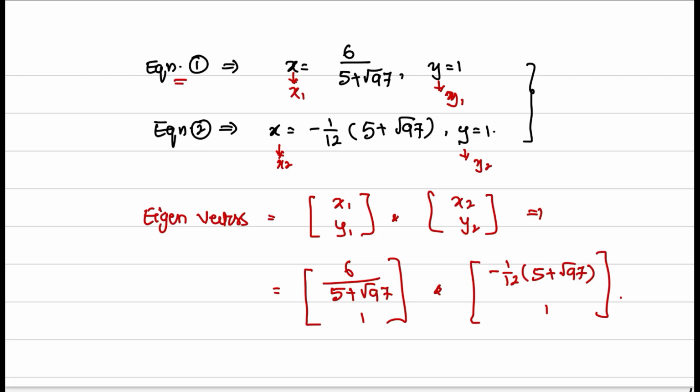When eigenvectors are there with you, you can easily write the matrix P. This is the most important step.